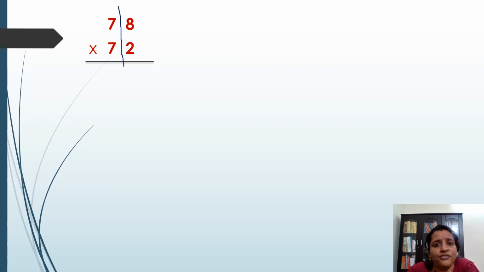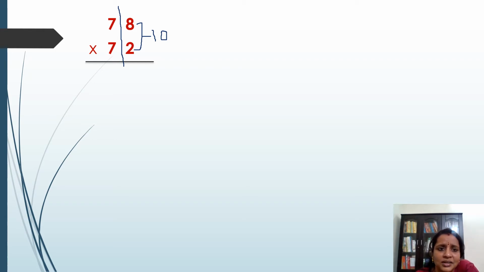Here, if we analyze the pattern, see here, the last digits sum up to 10. Isn't it? Yes. The last digits are 8 plus 2, which is equal to 10. Now are you all able to get a sutra here? Yes, it's nothing else other than last totaling 10.